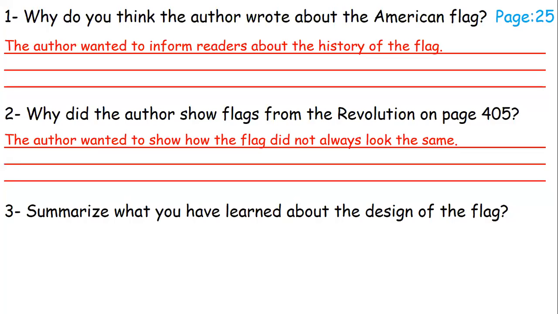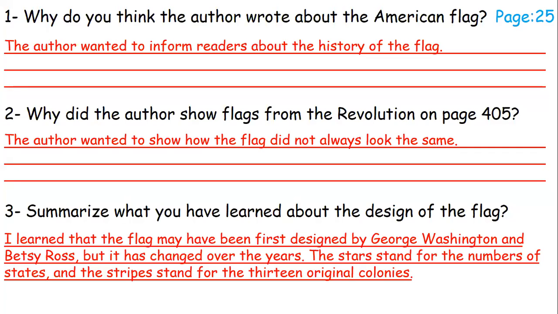Okay, now summarize what you have learned about the design of the flag. We learned that the flag may have been first designed by George Washington and Betsy Ross, but it has changed over the years.